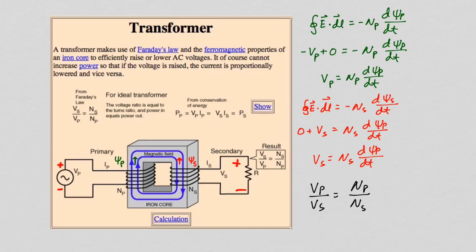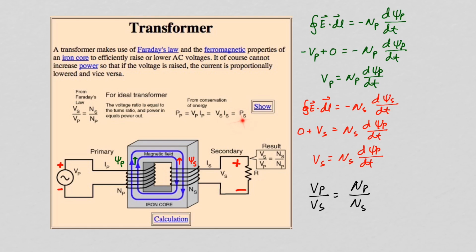So dividing this equation by this equation, we see the ratio of the voltage in the primary to the secondary equals the ratio in the number of turns in the primary to the number of turns in the secondary. The power into the transformer is going to equal the power out of the transformer.